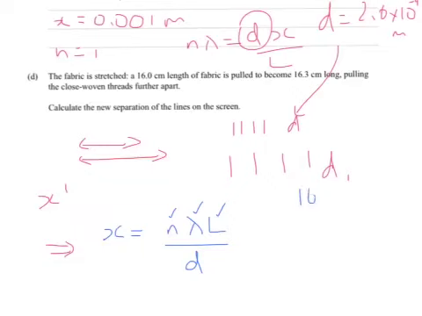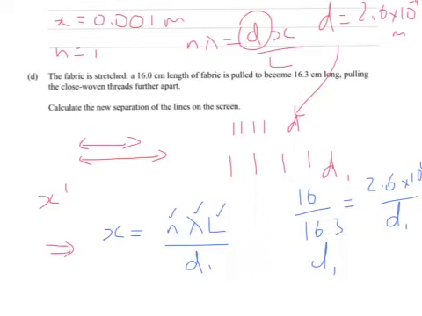You would say 16 over 16.3 equals your original D, 2.6 times 10 to the minus 4, over your new D, D dash as I had before, and you could just rearrange that and plug that new number in. In fact, that seems the easiest way to do it. Or you could just use that ratio and work out what D dash is multiplied by in this situation.